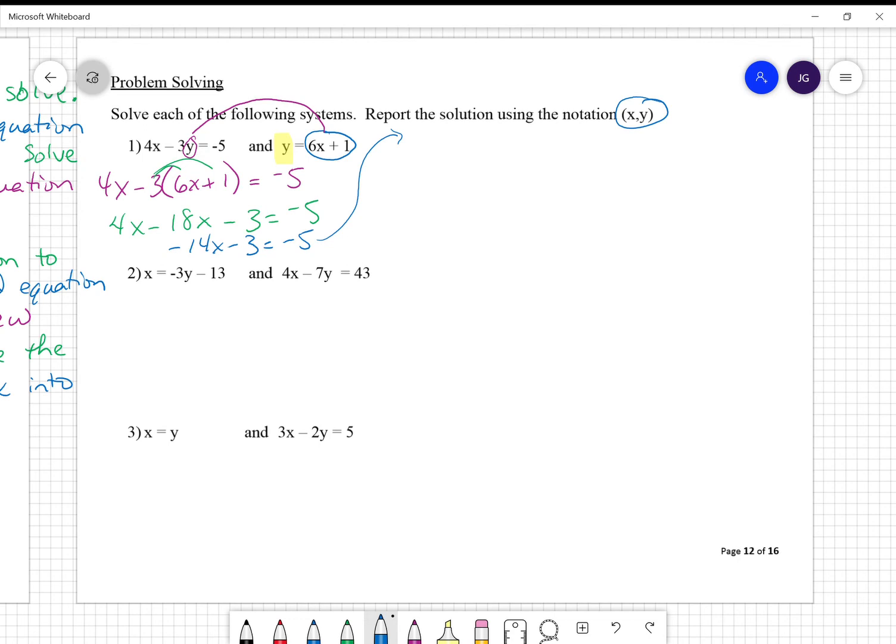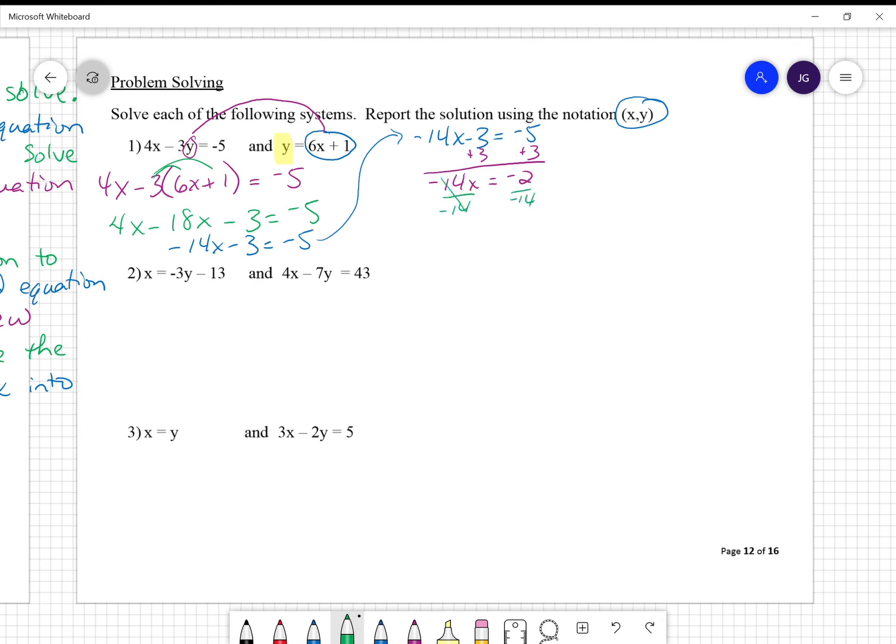-14x minus 3 equals -5. Add 3 to both sides. -14x equals -2. Divide by negative 14.